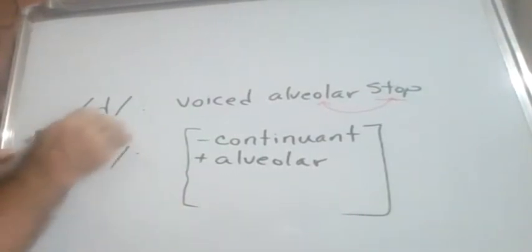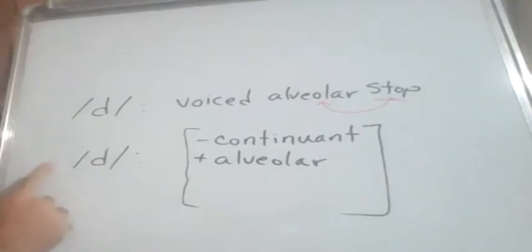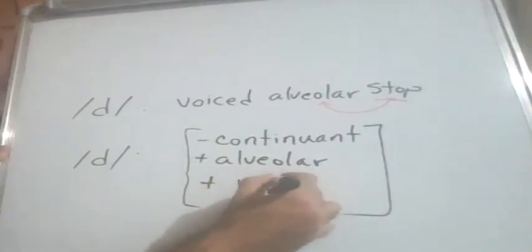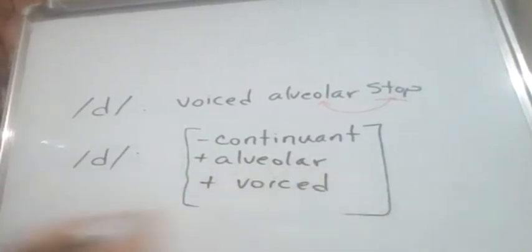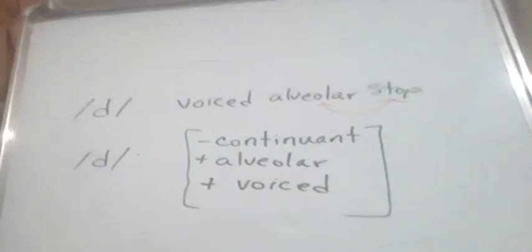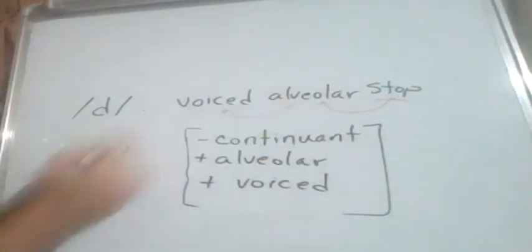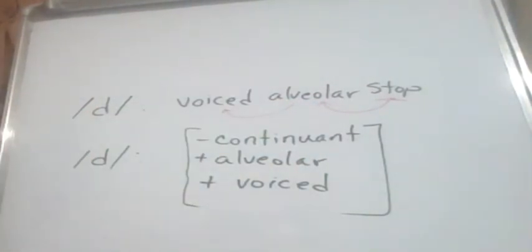So I need to make clear that it is not t and d, but only d. So I write plus voiced. And now I have the feature specification and the sound description of this sound. Okay, sound d.